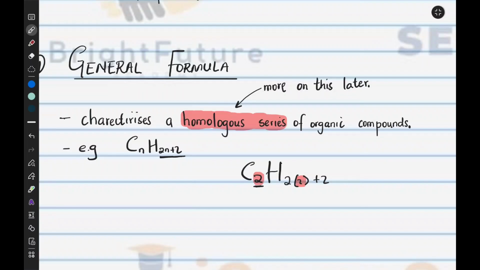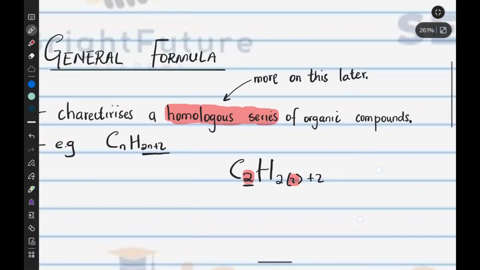In this case, this would be ethane. So it would be C2H(2 times 2 plus 2), which is 6, right? So it's C2H6. Okay, so that's what happens with the general formula.